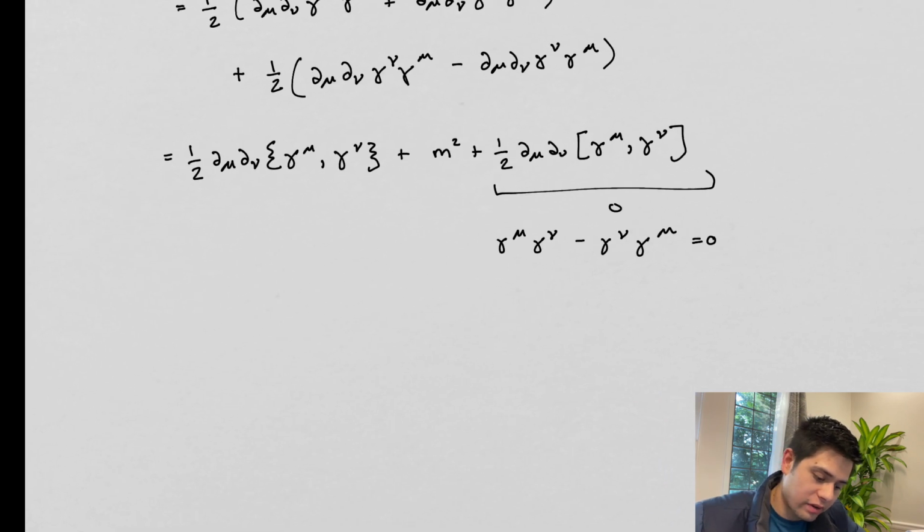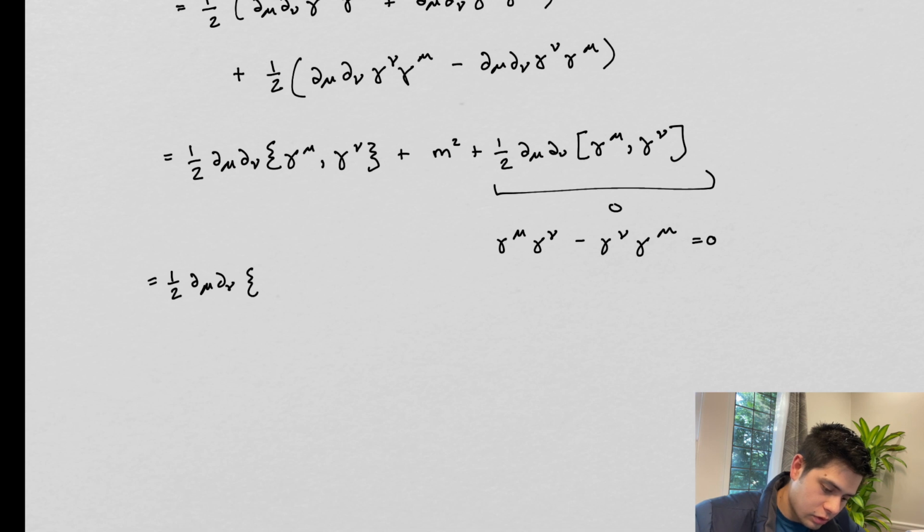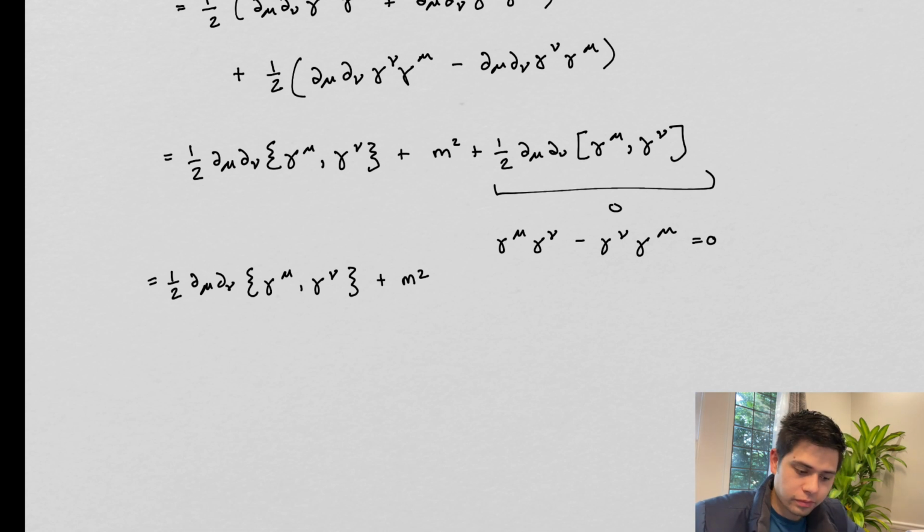Okay, so what do we have now? We have minus 1/2 d_mu d_nu (gamma^mu gamma^nu plus gamma^nu gamma^mu) plus m squared. We're getting close here because now, if we recall, this anti-commutator is 2 eta^{mu nu}.